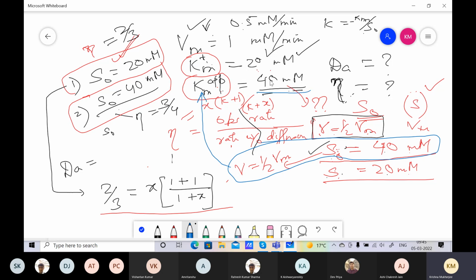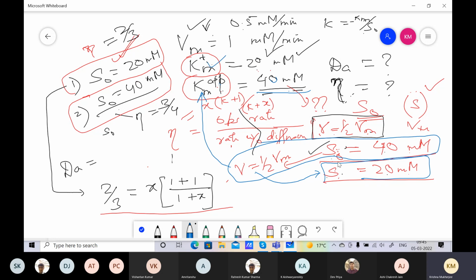This is an experimental artifact of increased Km, that is why I call it apparent, because there is mass transfer. If there was no mass transfer, you would have got V equal to half Vmax at S equal to 20 millimolar only. That is why Km true is 20 millimolar.